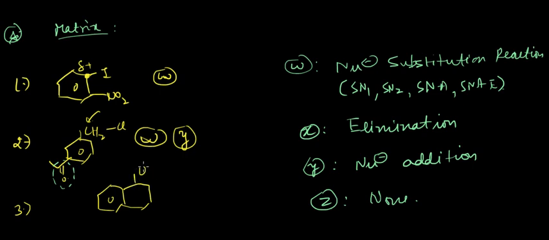The third compound, what about this one? Obviously this will show nucleophilic substitution reaction. SN1 can happen because this positively charged carbocation would be highly stabilized by resonance. So it can show W. Can it show X? Yes, it can also show X. Elimination can happen here with this hydrogen atom if we heat it enough.